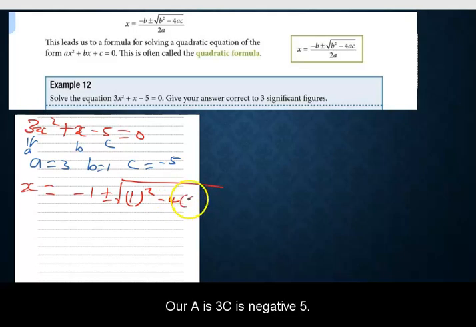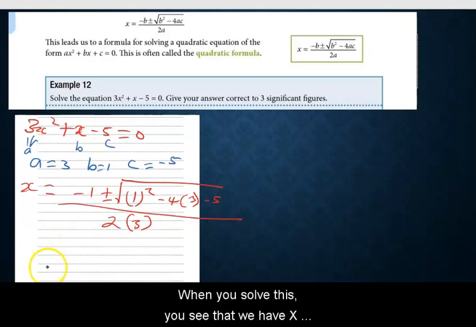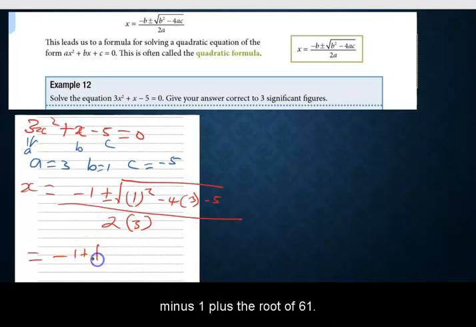Our a is 3, c is -5. Then divide all this by 2a, and our a is 3, so 2 times 3. When you solve this, you'll see that we have x equals -1 plus or minus the root of 61, over 6.